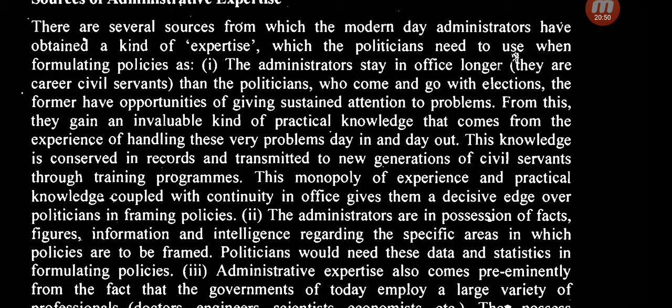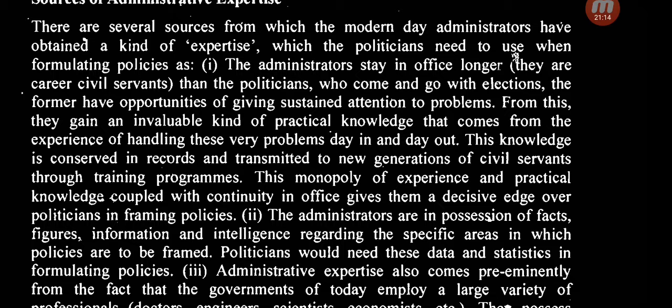The former have opportunities of giving sustained attention to problems. From this, they gain an invaluable kind of practical knowledge that comes from the experience of handling these very problems day in and day out. This knowledge is conserved in records and transmitted to new generations of civil servants through training programs.